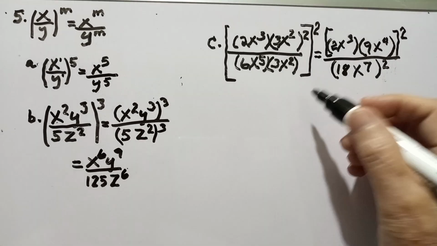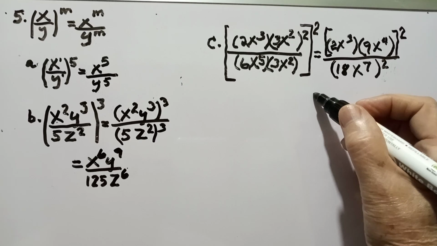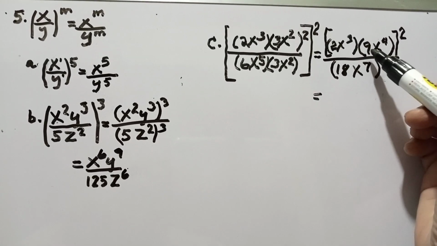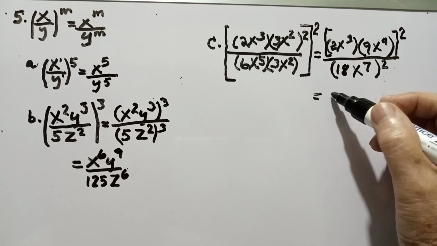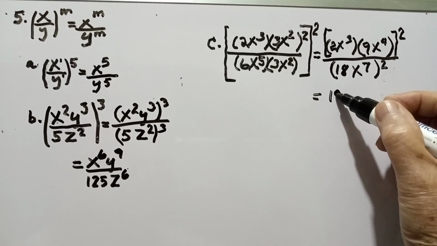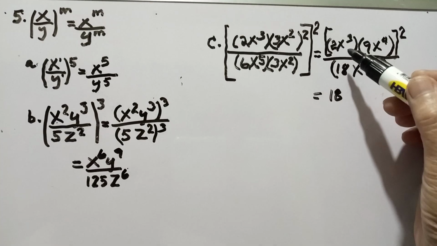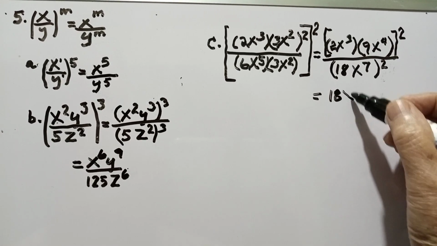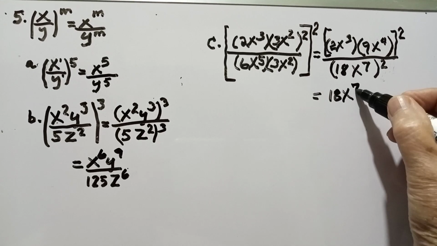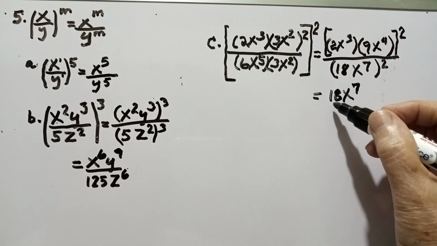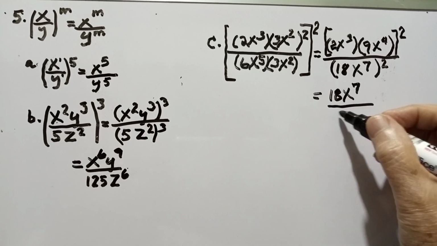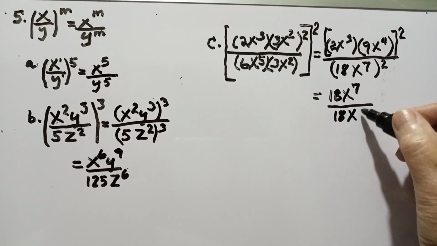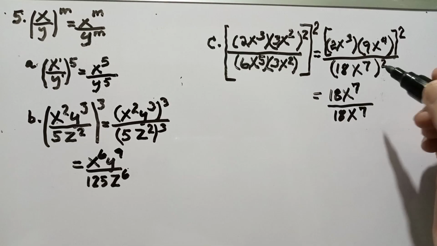And then expanding, we will have 2 times 9 equals 18. And then x cubed times x to the 4th is x to the 7 over 18 times x to the 7.